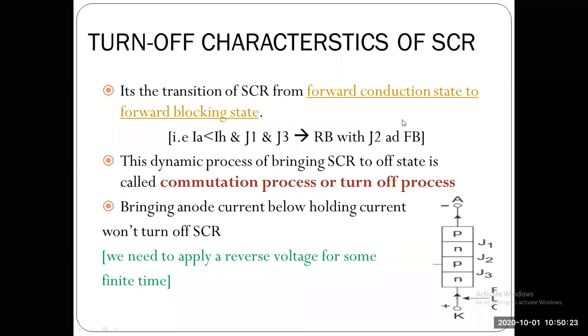That capability is regained after the turn-off process completion. So there is no bother about the voltage you apply across the anode to cathode terminals after the completion of the turn-off process.